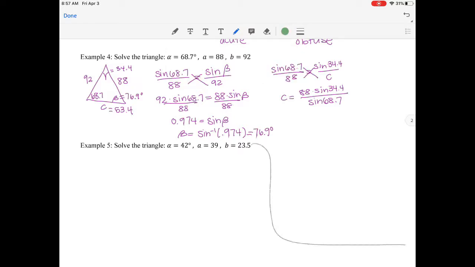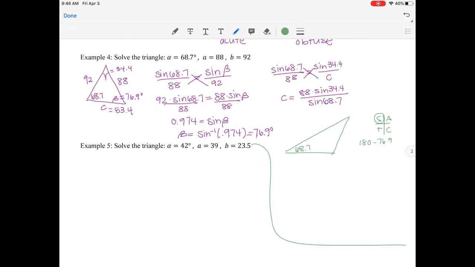I'm going to go over here on the right side just because I kind of ran out of room. So the triangle will now look obtuse, so something like this. Maybe I should draw it a little bigger. So this is still 68.7, but this time your beta, if we got originally that it was 76.9 degrees, think about all students take calculus, and the second quadrant will also be positive.